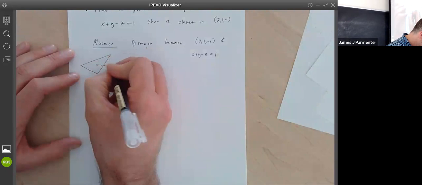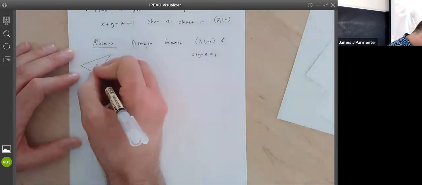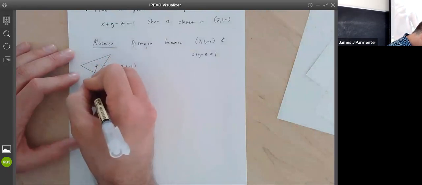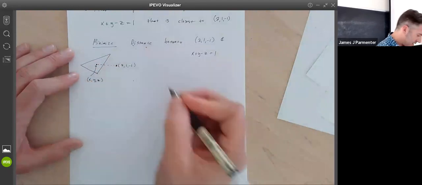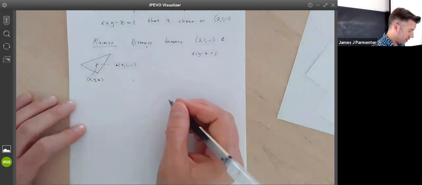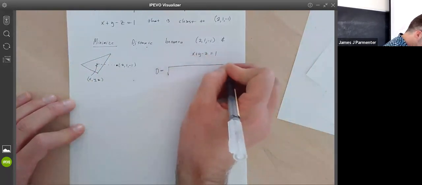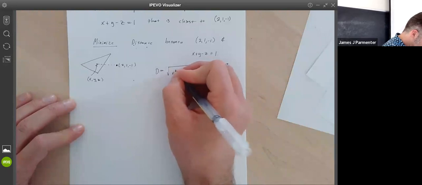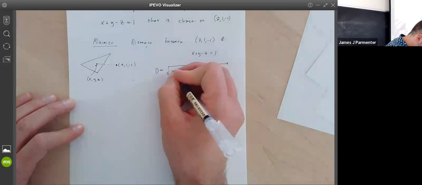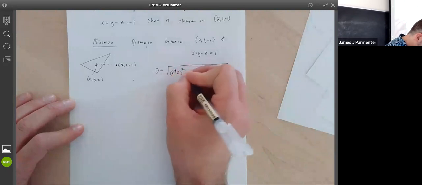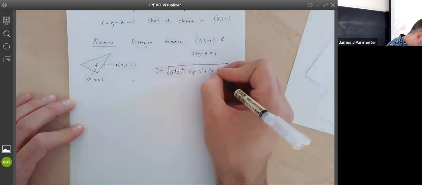We're trying to find it. Since we don't know what it is, we're going to call it x, y, z. And so if we're trying to minimize the distance between these 2 points, we need to calculate it. Distance between these 2 points is going to be the square root of x minus 2 squared plus y minus 1 squared plus z minus 1 squared.